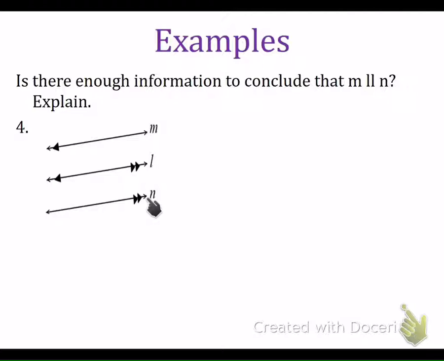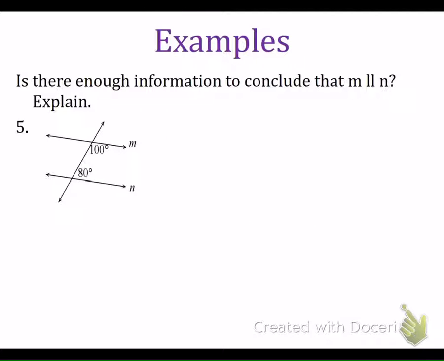No. Read the second to last thing you wrote down about ways to show they're parallel. Yeah, if they're parallel to the same line, they've got to be parallel to each other as well.